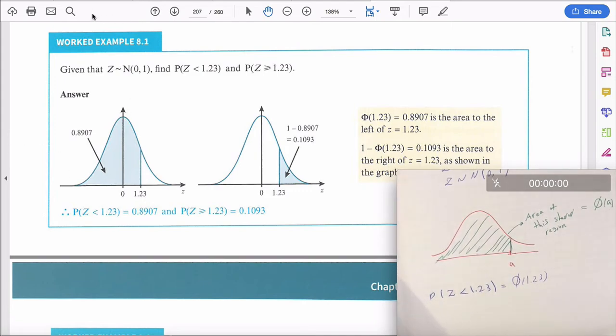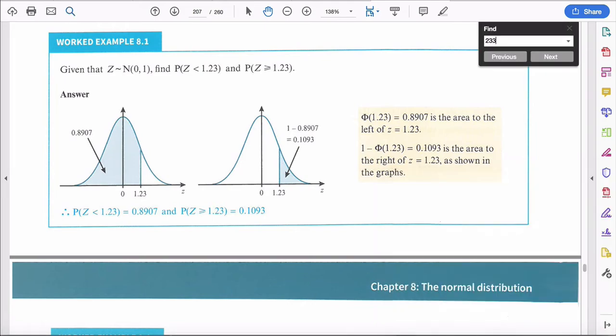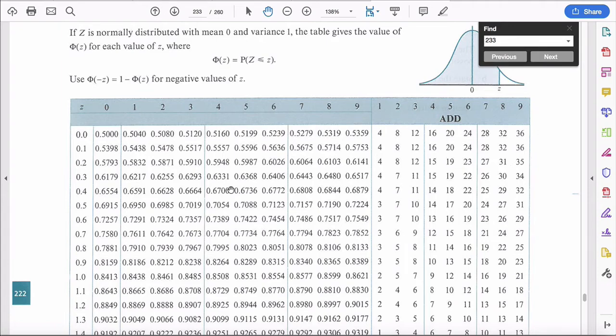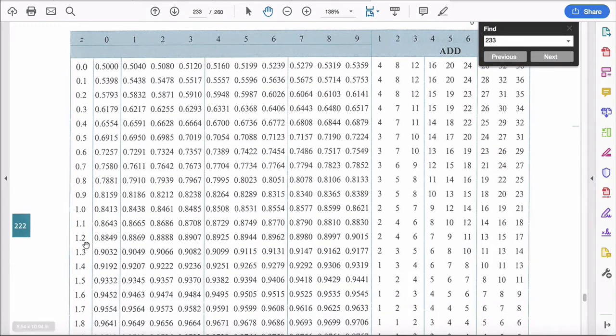Now I go to the table. So now we are looking for phi of 1.23. This table gives you all phi values. Now we should find 1.23 in your table. See here, it gives you the first two digits. 1.2 is here. So you should look for the required number in this row. It says 1.23.